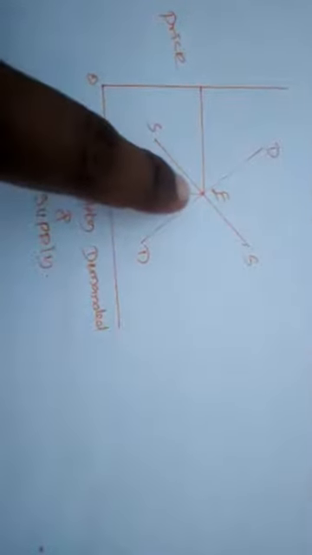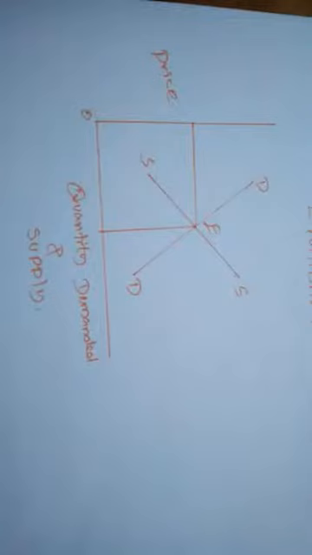Where the supply curve and the demand curve meet equally, that point only is considered as the equilibrium situation. In other words, we can say the supply and the demand will be equal.